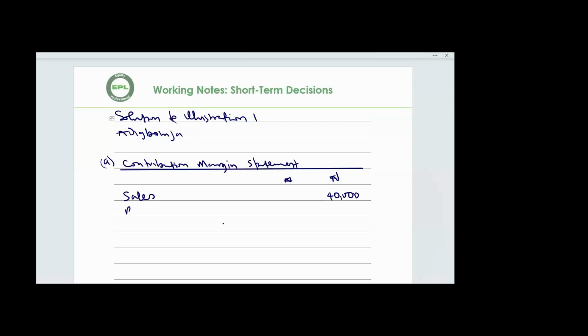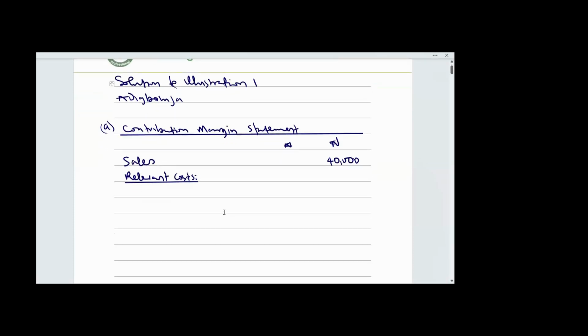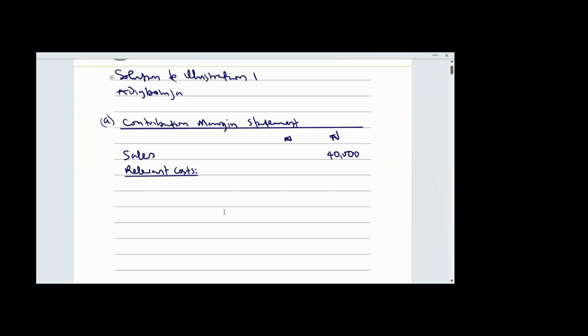Then you compare this with the total relevant cost of making vanilla. According to the question, we are given variable cost, which means that all the direct material, direct labor, direct expenses, and variable overhead have been added together to get the variable cost. So just put the variable cost there.